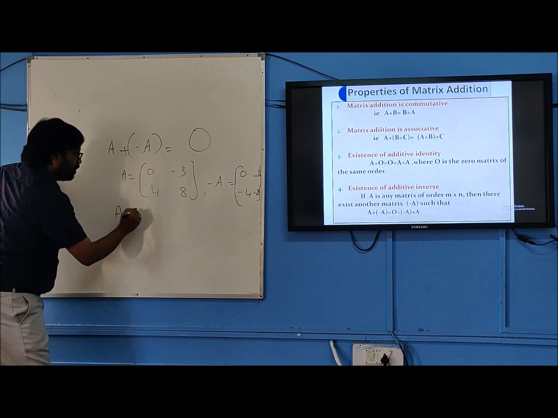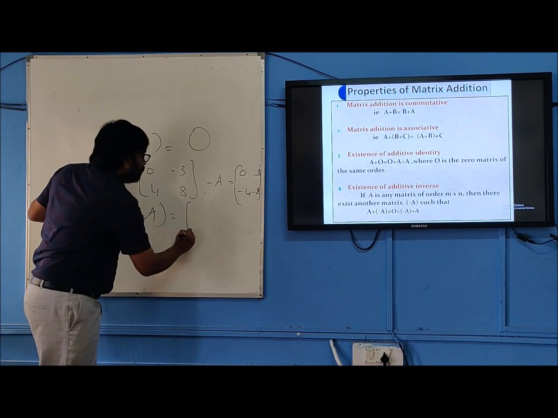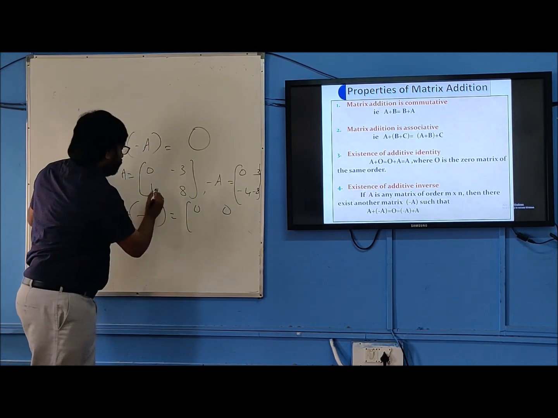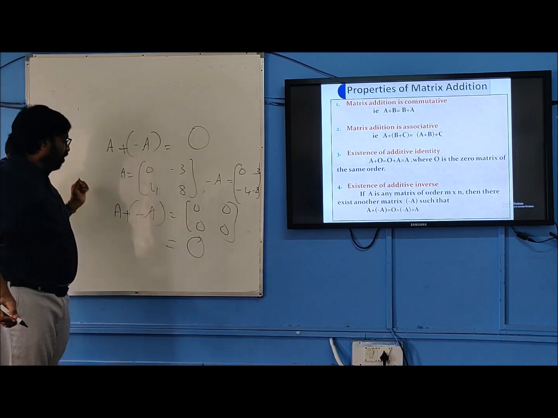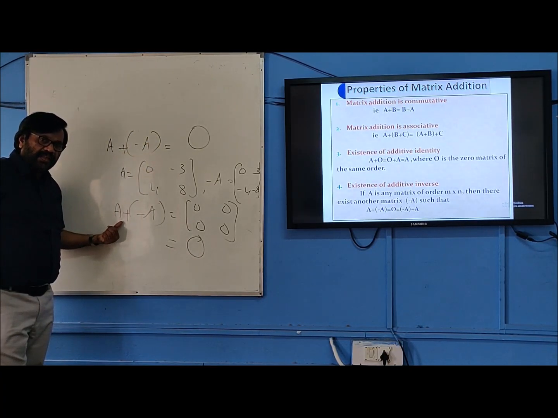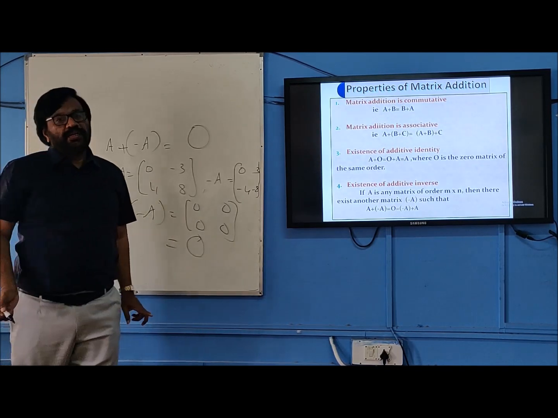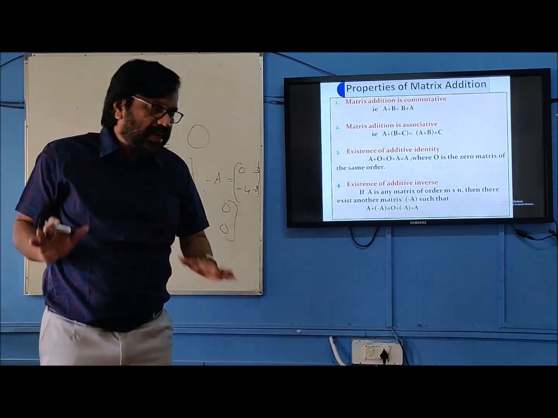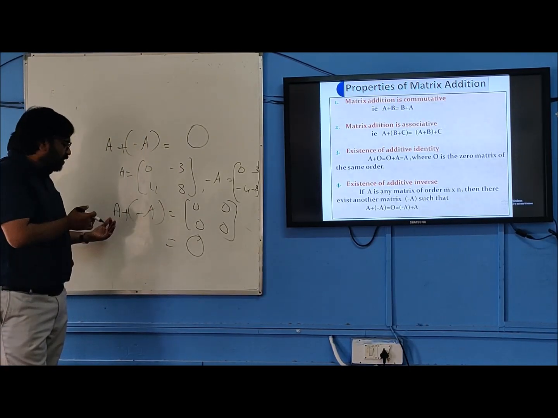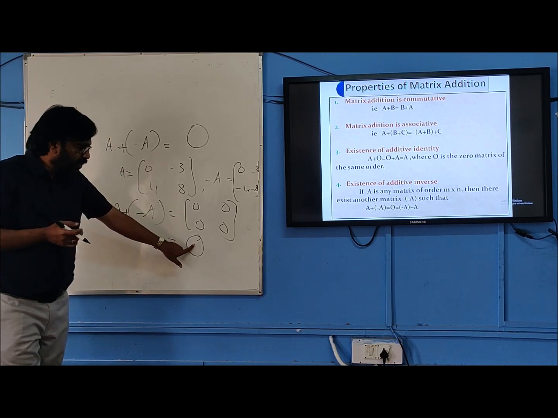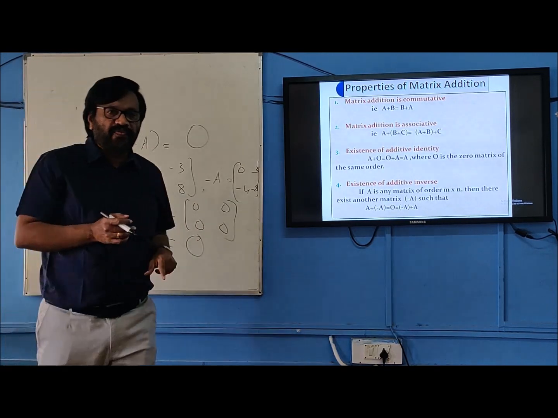A plus minus A. What is that? 0, 0, again 0, 0. That is the 0 matrix. Therefore, for every matrix A, there will be another matrix such that their sum we will get 0. For every matrix A, there will be another matrix minus A, or we can call it B also, such that their sum is 0. Therefore, that matrix is the additive inverse of that matrix.